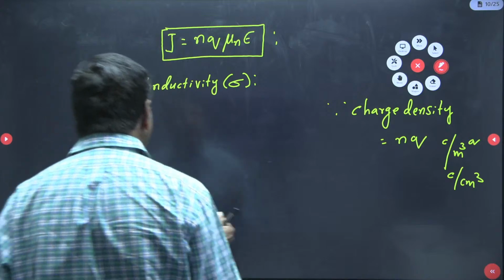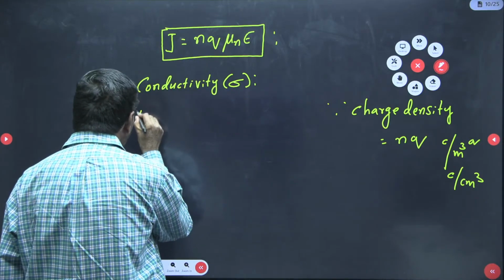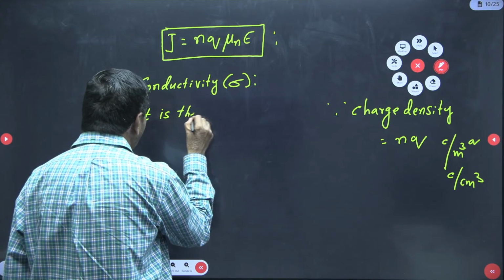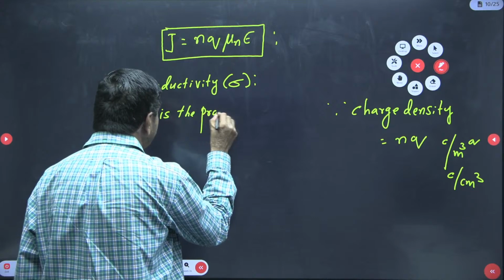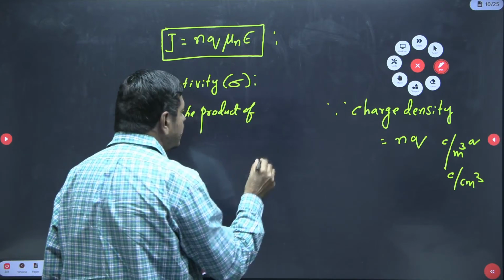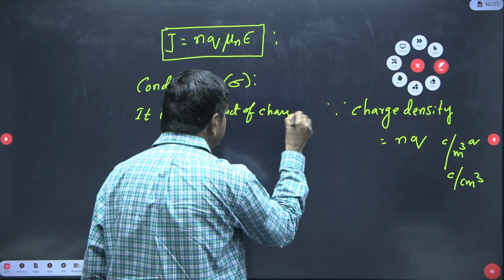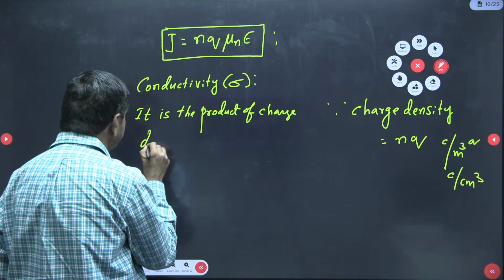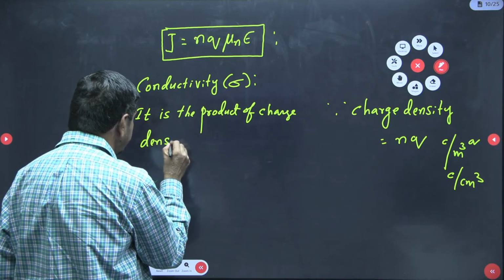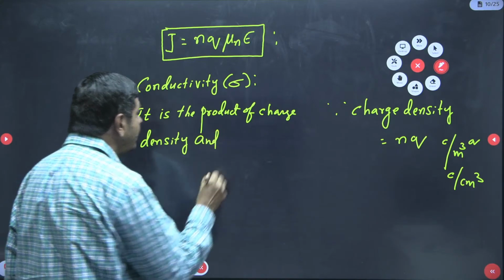But a conductivity definition I can give like this: it is the product of charge density and mobility.